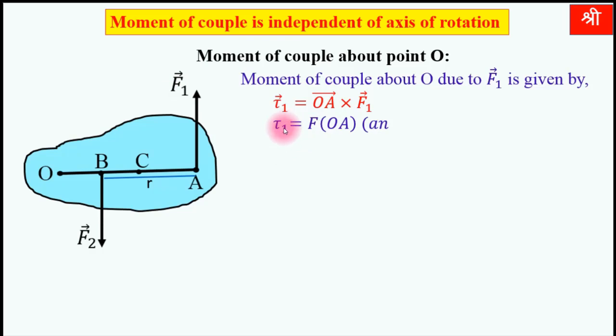That means in scalar form without considering directions, because this OA is perpendicular to this F1 and we know sin 90 is 1, therefore we can write tau equal to F into OA, and this will rotate that body about an axis passing through O in anti-clockwise direction.